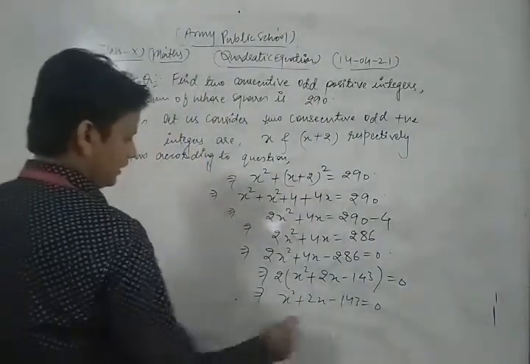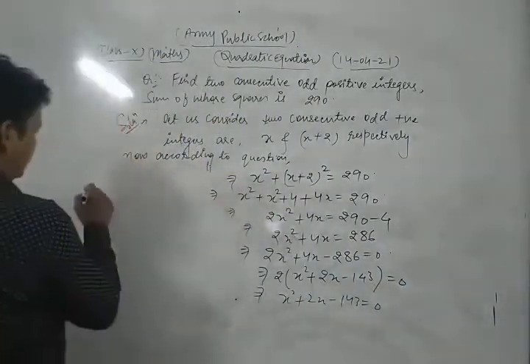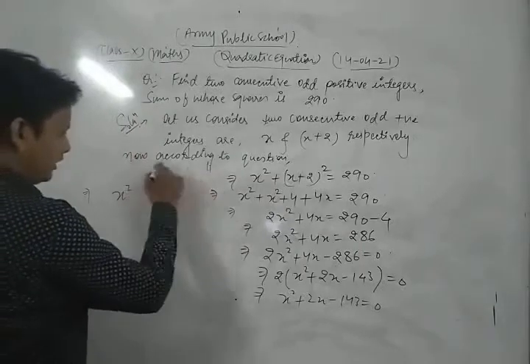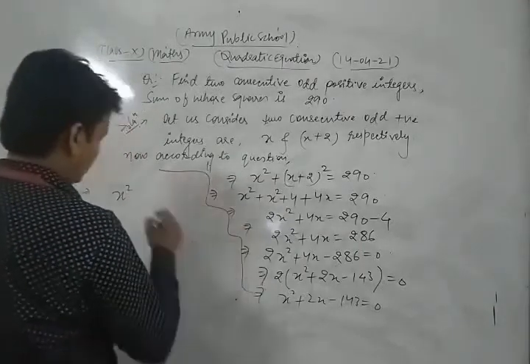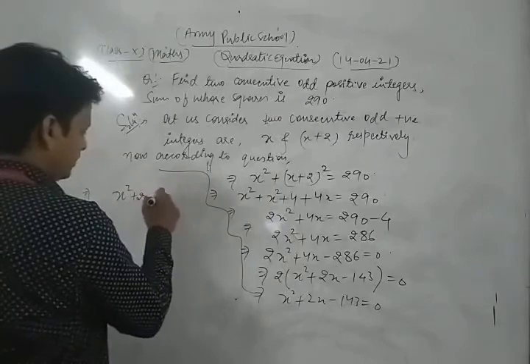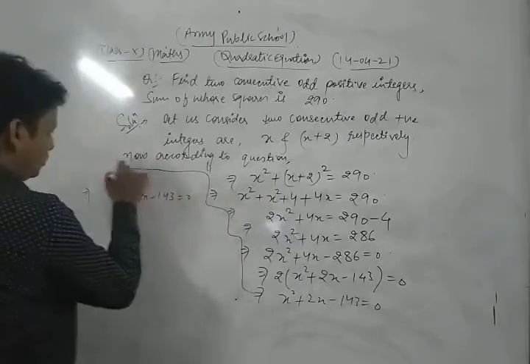Now we write x square plus 2x minus 143 is equal to 0.